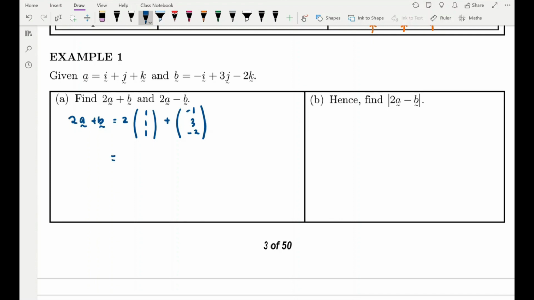And then we just plus each element. 2 minus 1 is equal to 1. 2 plus 3 is 5. And 2 minus 2 is 0. So for 2a plus b, the vector is i plus 5j. For the 0 element, we do not rewrite.